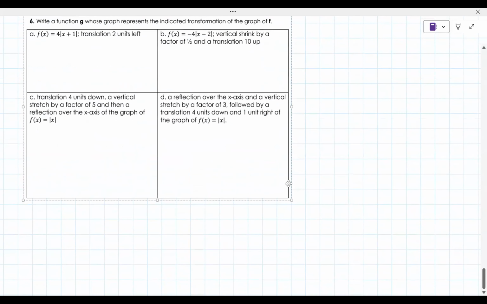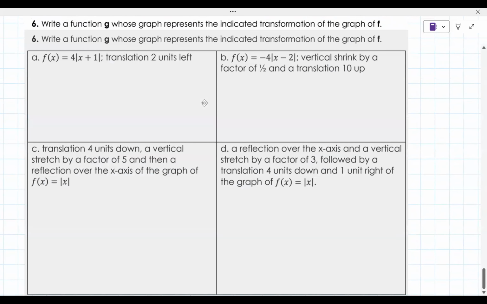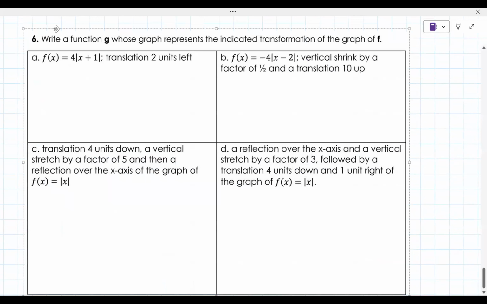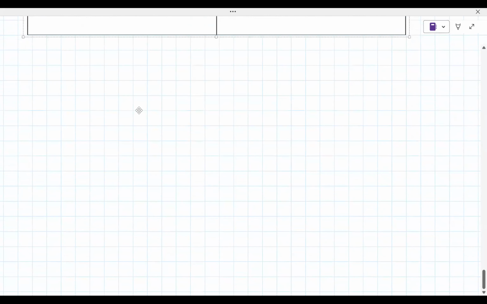Okay, so write a function v whose graph represents the graph. This is kind of a lot to even begin to consider, but let me try to give you some general guidance. Wouldn't it be the same kind of ideas as what we went over earlier?